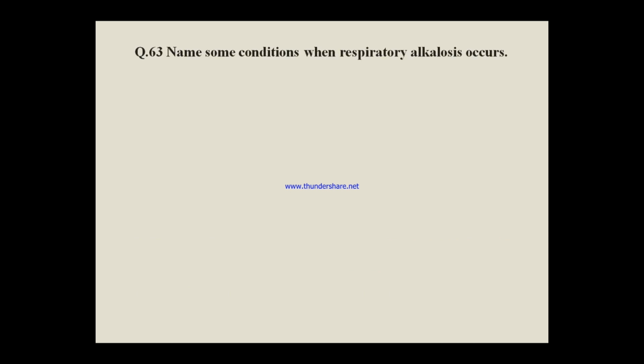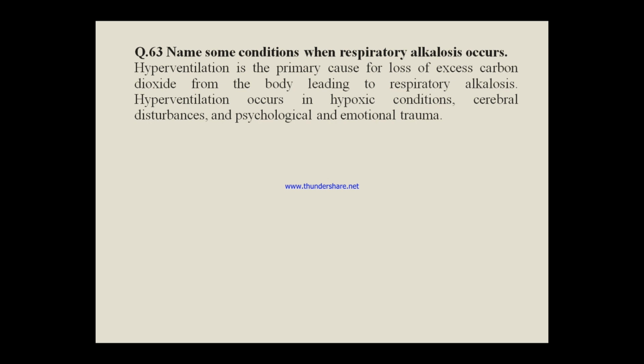Can you name some conditions when respiratory alkalosis occurs? Conditions are: first, hyperventilation, which is the primary cause for loss of excessive carbon dioxide from the body, leading to respiratory alkalosis. And hyperventilation occurs in hypoxic conditions, cerebral disturbances, and psychological and emotional trauma.